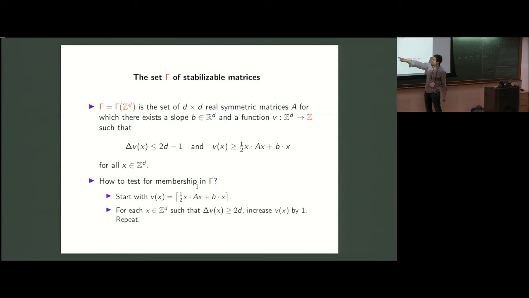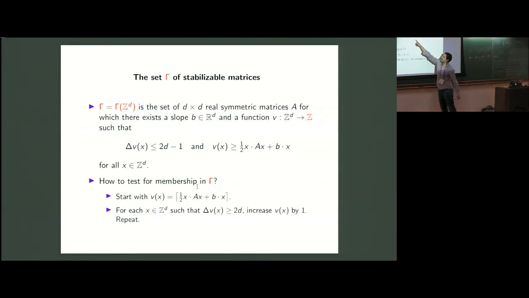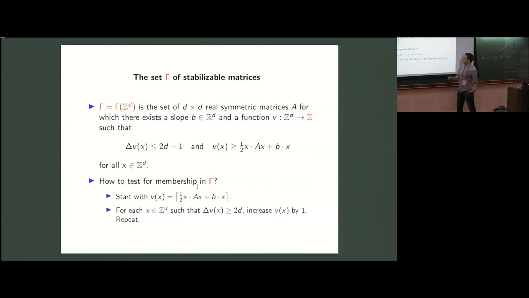So the smallest function you could take is just the ceiling of the quadratic. I'll stress A is not an integer matrix, so if I plug in an integer vector x, I'll get some real number, so I might need to round it up to the nearest integer. And then I check, did I violate the Laplacian constraint?